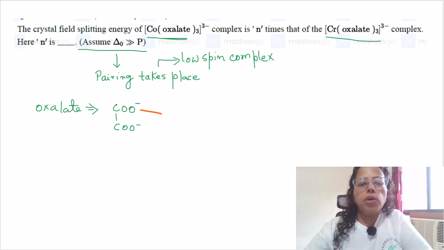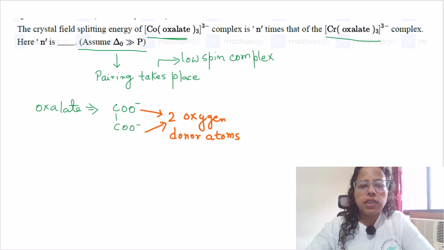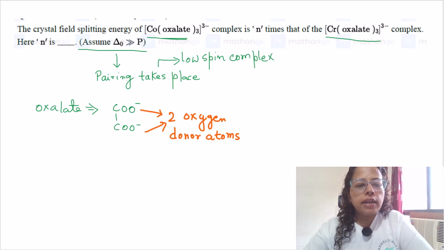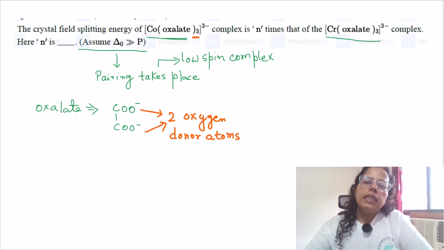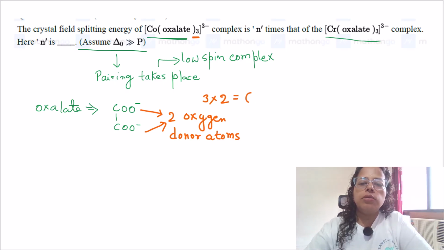This is the structure of oxalate as a ligand, the oxalate ion, and the oxygen here is the donor atom. So two oxygens are the donor atoms, and if there are two oxygen donor atoms in oxalate and we have three oxalate ligands, then that means 3 multiplied by 2 donor atoms, that is equal to 6.